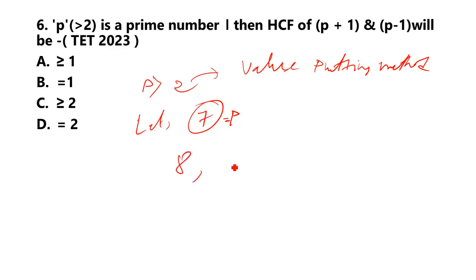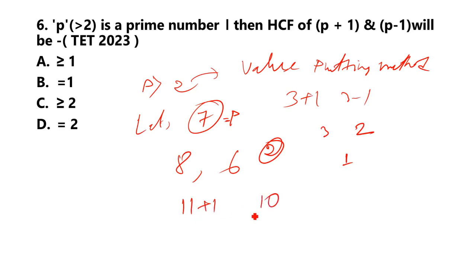So what will be the HCF of these? It will be 2, right? Another important thing, if I take 3, also a prime number, 3 plus 1, 3 minus 1, that is 4 and 2, it will be 2. Wait, for 3 the numbers are 4 and 2, so let me recheck with others. If I take 11 plus 1 and 11 minus 1, that means 12 and 10, we will have 2. If I take 13 plus 1, 13 minus 1, that means 14 and 12. Suppose I take 17, a prime number. You have 18 and you have 16.